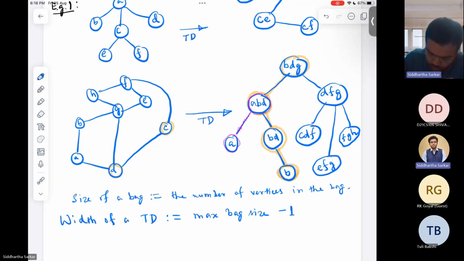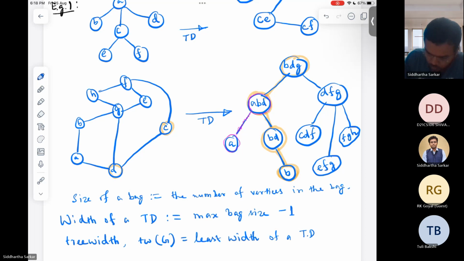That is the tree width of a graph, or in short, TW of a graph. This is the least width of a tree decomposition for G. There are many possible ways you can find a tree decomposition for a graph.